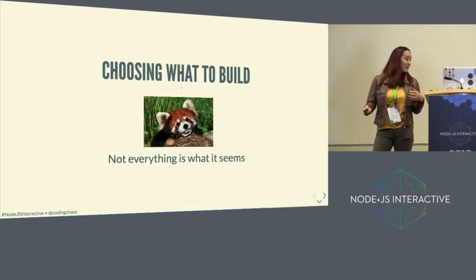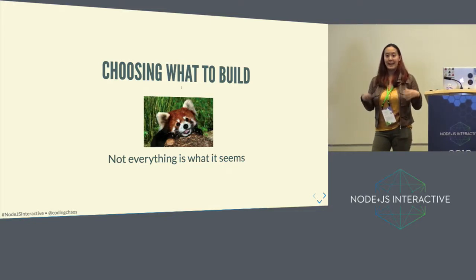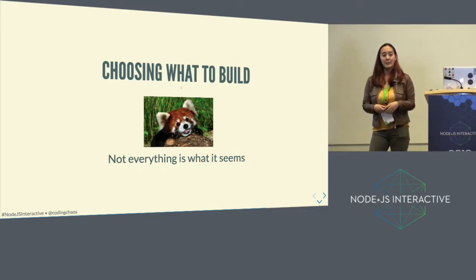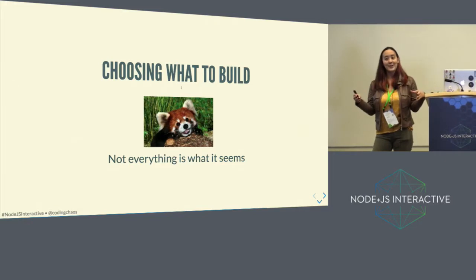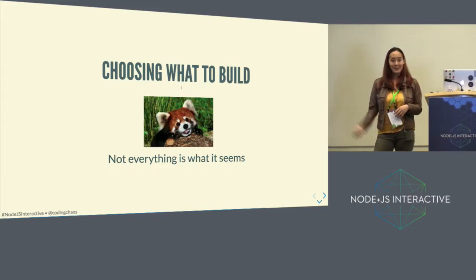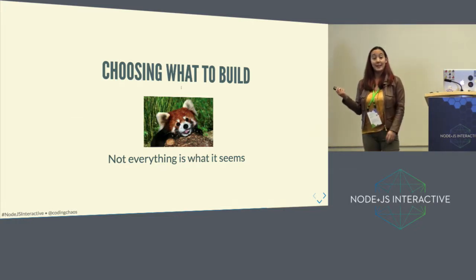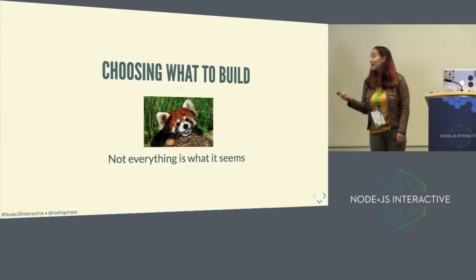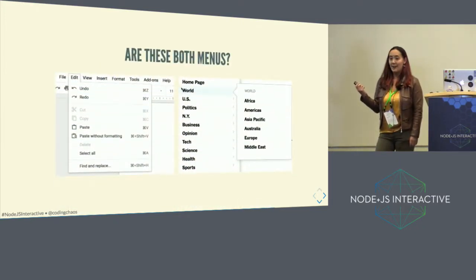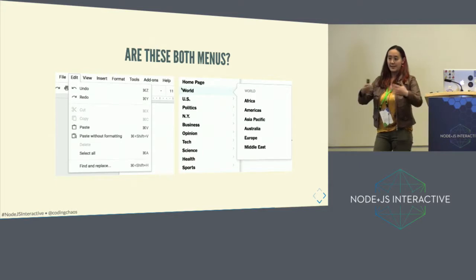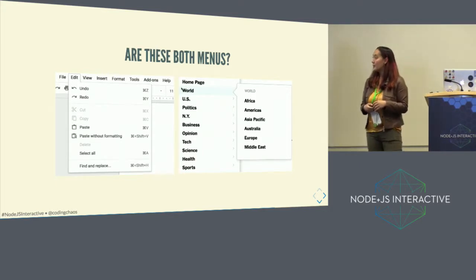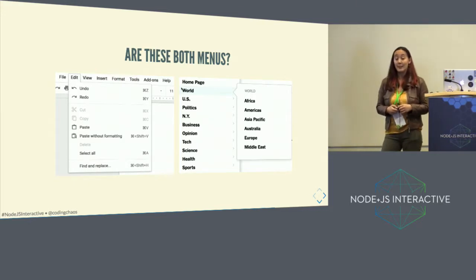So I've talked about how to build a specific component like a button, but there's also this big question of what is it you actually want to include? And much like the red panda here, often what things look like are not necessarily indicative of how users use them, especially when you get beyond a mouse and a pointer and a screen. So these are both things that are called menus, at least when people talk about them.